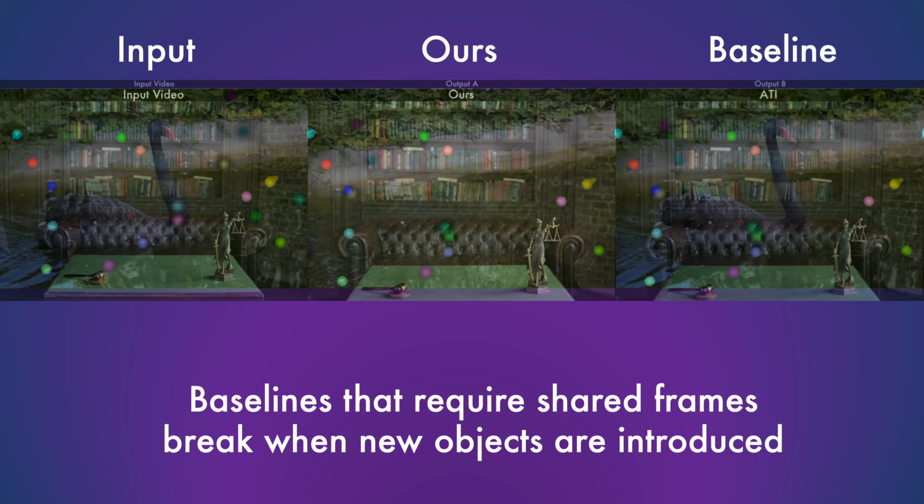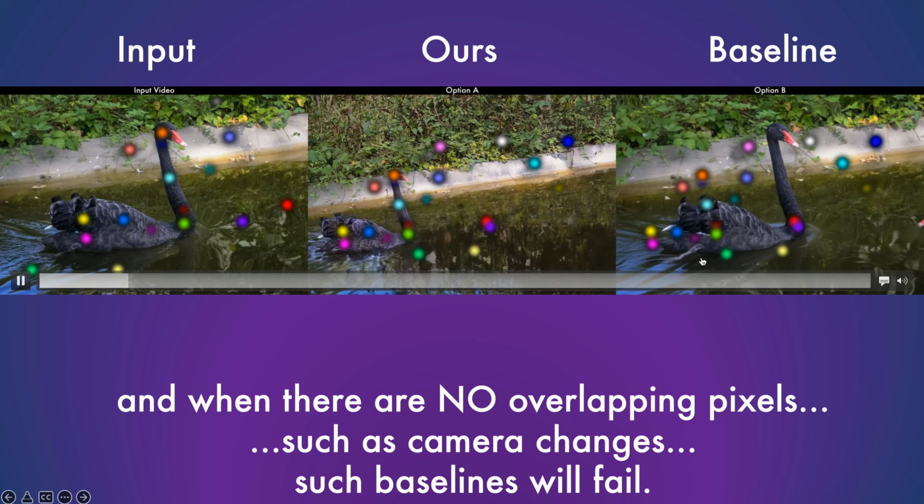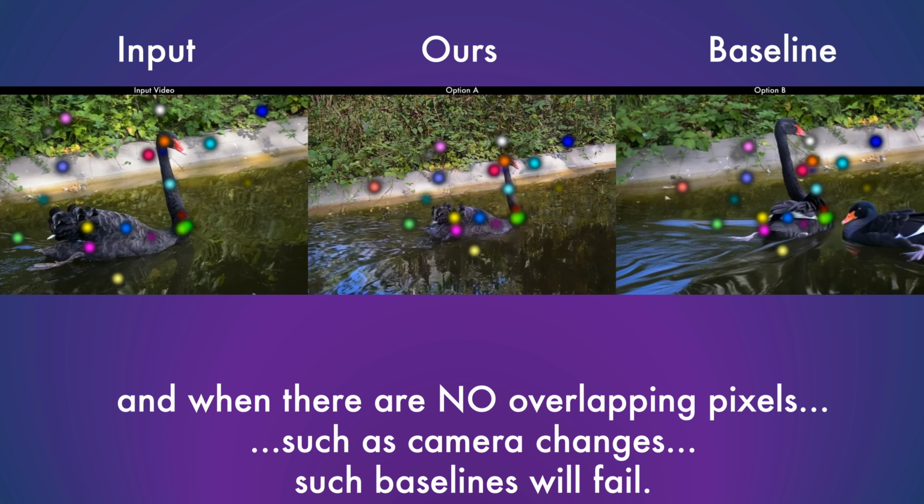So, for example, this one has no frames in common because there is no frame in the input video that was zoomed out by this much. And as a result, our baseline, in this case ATI, messes up badly. There's no way to communicate to ATI that you would like this to be zoomed out at every frame, including the first, which positions our editor as a first of its type.